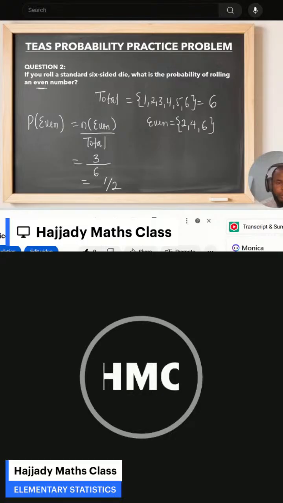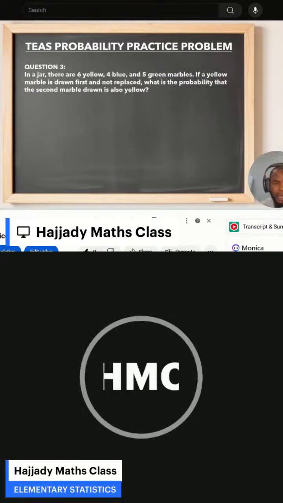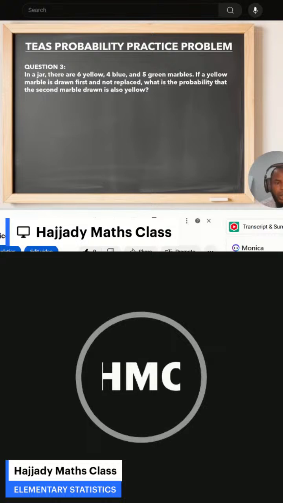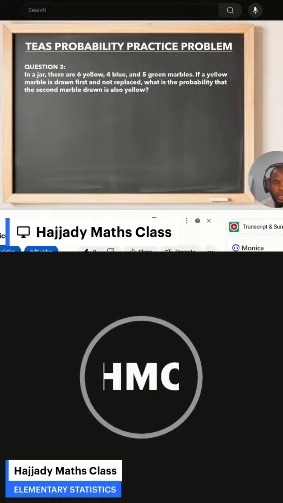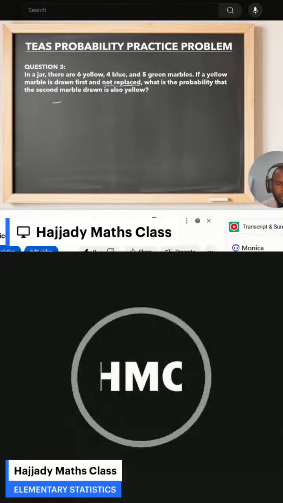Question number 3. It says, in a jar, there are 6 yellow, 4 blue, and 5 green marbles. If a yellow marble is drawn first and not replaced, look at this, it's very important. This is without replacement. What is the probability that the second marble drawn is a yellow?